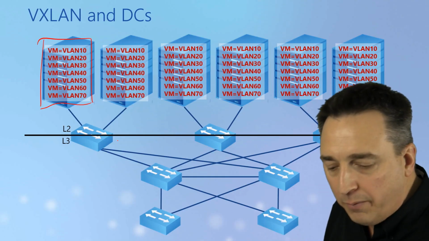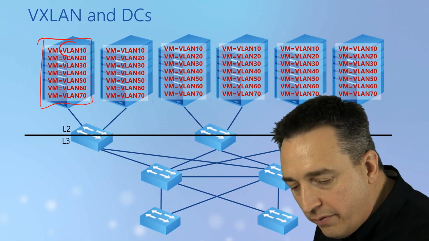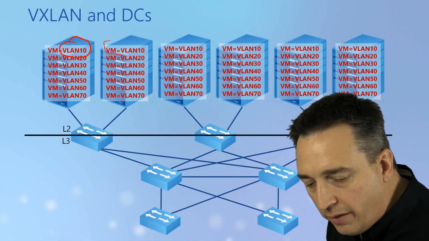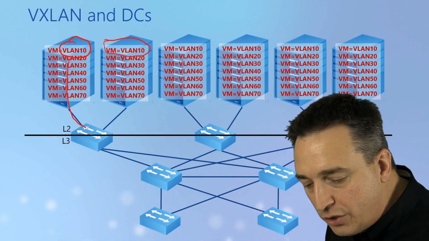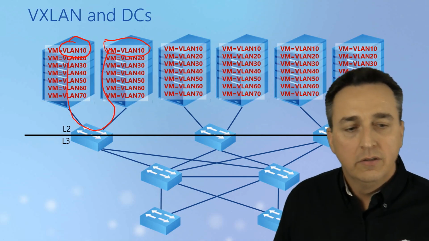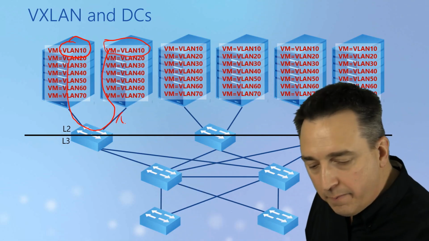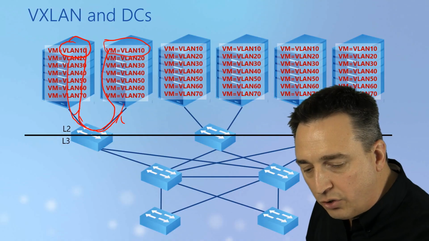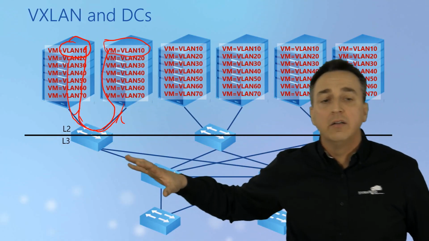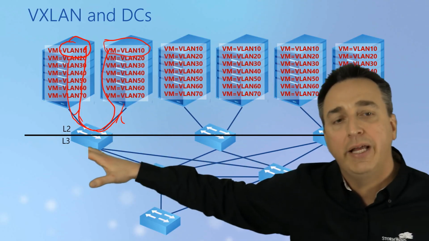So what's the problem now? Well, if traffic from VLAN 10 wants to go to this VLAN 10, there is no problem. Why? Well, because if that's a trunk link and that's a trunk link, traffic comes in the trunk link, goes out the trunk link, no problem, in the same VLAN. There's no issue there because we're connected to the same switch.